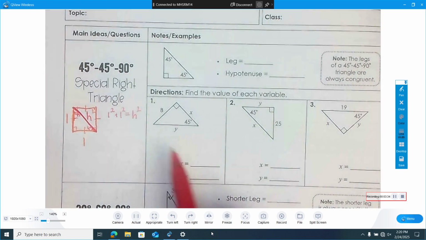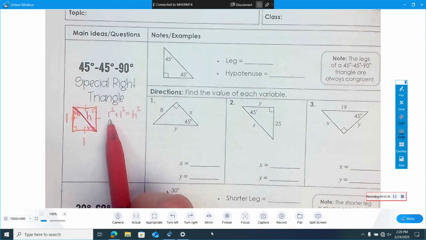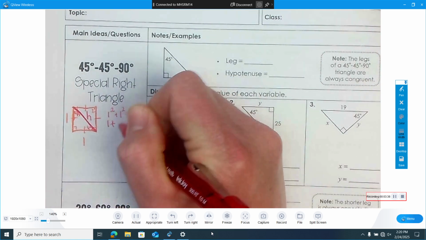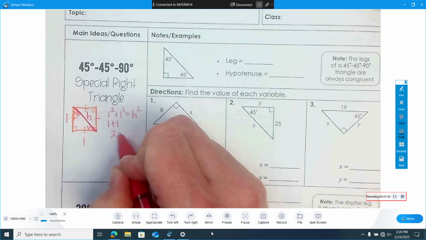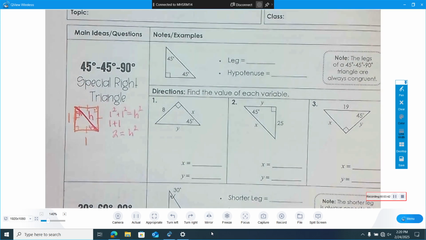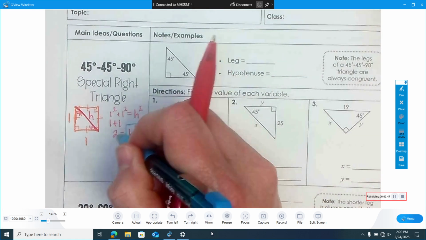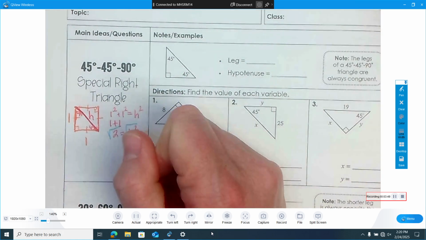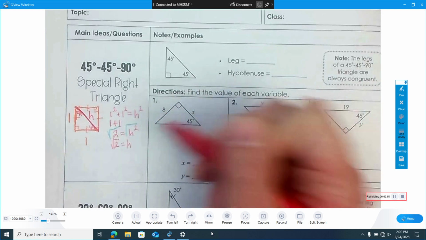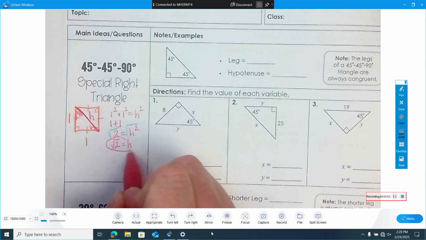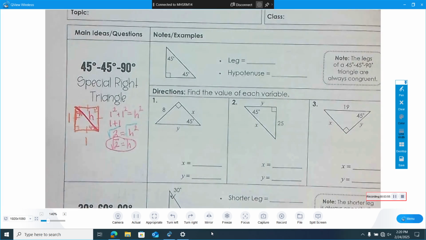What is 1 squared? 1. So we have 1 plus another 1, and that gives me 2, which equals the hypotenuse squared. How do I get h by itself? Square root both sides, and so we get the hypotenuse is equal to radical 2. That hypotenuse, the diagonal of a square, is radical 2 times the length of the side.